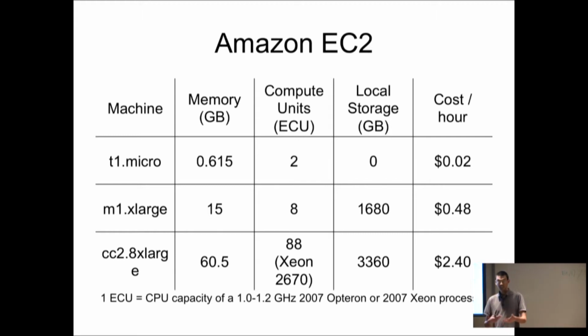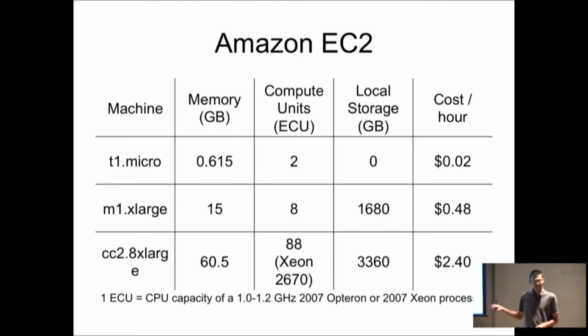So the processors actually keep changing, but they want to offer something consistent to the users, right? So in 2007 they said, we have a Xeon at this point, and we're going to call whatever that Xeon is one compute unit. As they refresh processors, they just keep giving it in multiples of these Xeon machines that were from 2007.